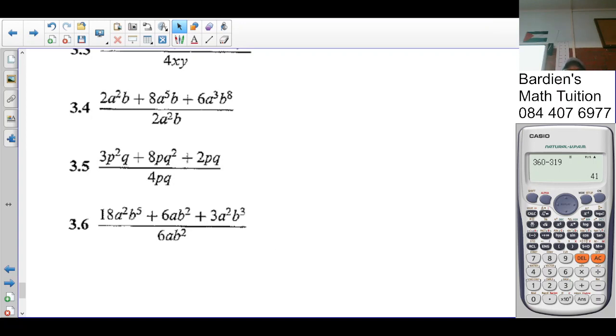Now we're looking at square roots and cube roots. Square roots and cube roots. And this is on page 34. Square roots and cube roots.